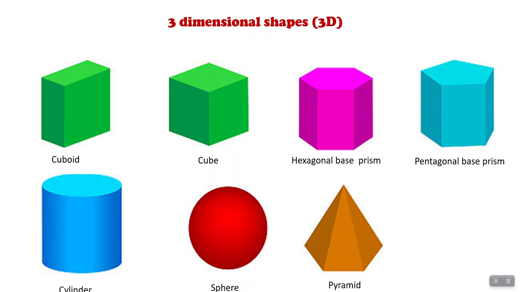So we have triangular base pyramid, square base pyramid, hexagonal base pyramid, and so on. So this one also looks like a pyramid, but we call it a cone because it has a circular base. Okay, so when it has a circular base, we call it a cone. So there are many more three-dimensional shapes you can find out yourself.